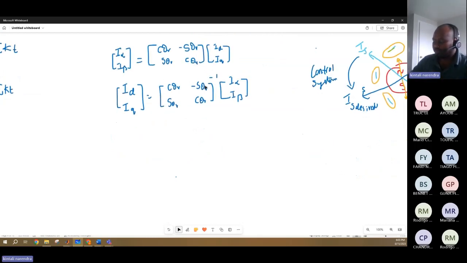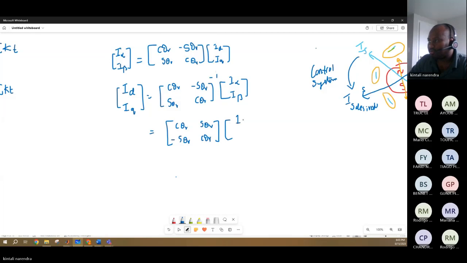So you apply this Park transformation technique. If you find the inverse of a 2 by 2 matrix, it is very simple: cos theta r, sine theta r, minus sine theta r, and cos theta r, into I alpha and I beta, giving ID and IQ.